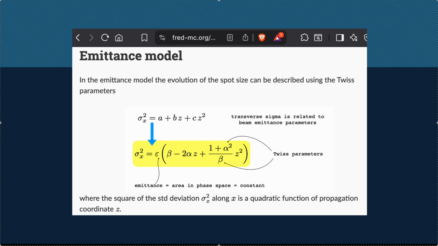Of course, once it enters the phantom, the beam will spread because it will interact with the material. But when I produce the beam, I want it to be a point beam. For Fred, I can simply put the emittance equal to 0. That will make the beam spot size equal to 0. I don't have to play with other twist parameters which I have shown in my previous videos.